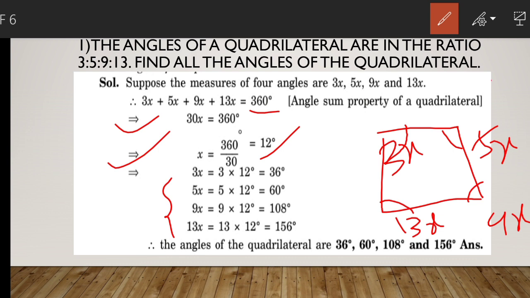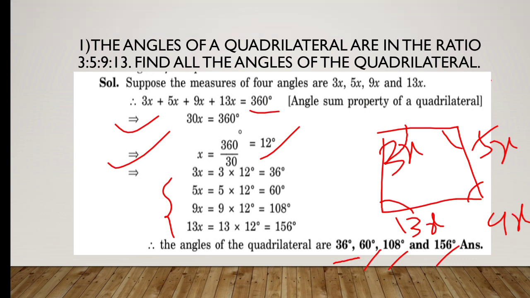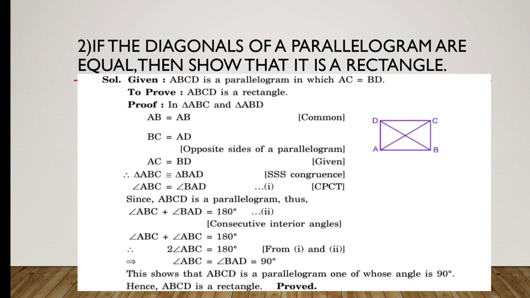Therefore the angles of the quadrilateral are 36, 60, 108 and 156 degrees. So this is how we find the angles of a quadrilateral if the angles are given in the ratio. Next, move on to the second sum.